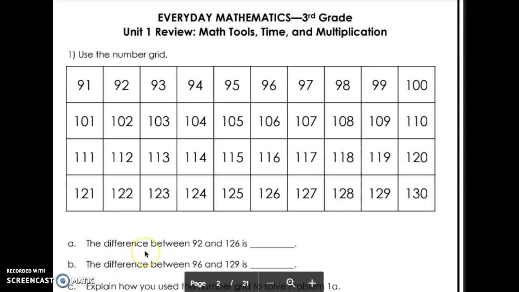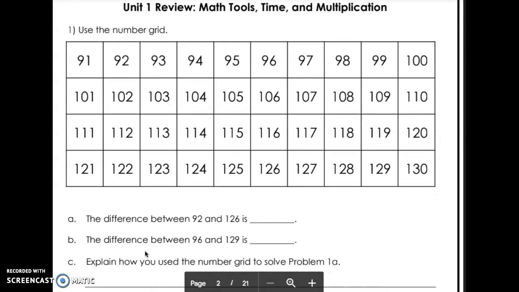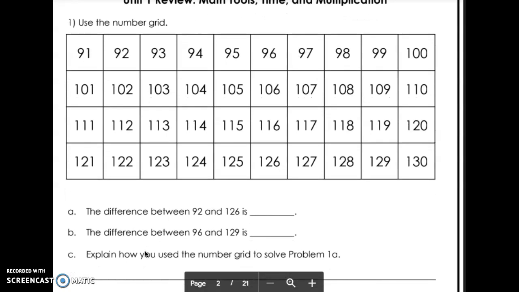The first problem is this number grid. We have one in our classroom and we've been talking about what a number grid is. The first question is the difference between 92 and 126. So you would go over here to 92 and down here is 126.